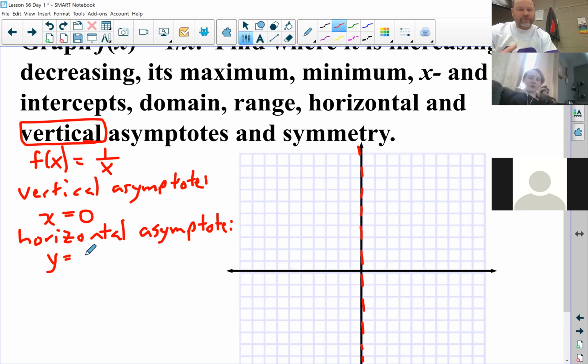If I plug in 100, I get 1 over 100. If I plug in 1,000, I get 1 over 1,000 and so on. What's happening to the value of that function? What value are we approaching as x gets larger and larger? Decreasing, yep. 0. Yeah, it has a horizontal asymptote at 0.